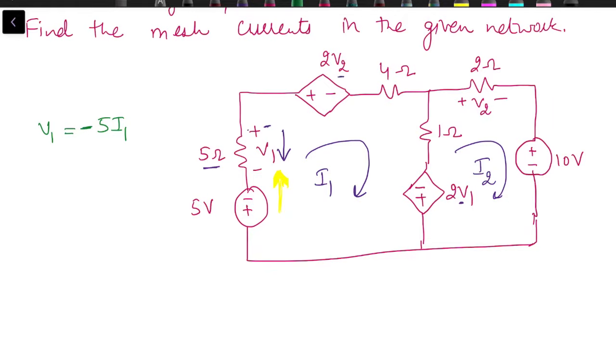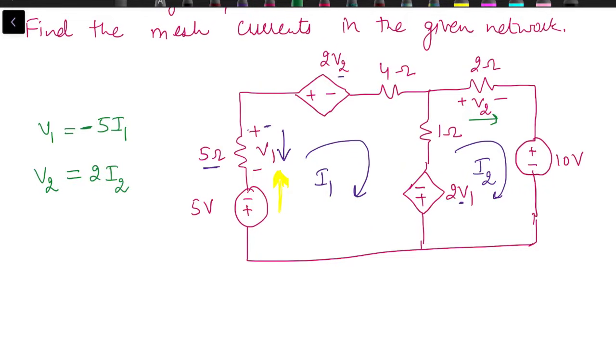Second is we need to write V2. V2 is voltage drop across 2 ohm resistance. As per the assigned polarity of V2, which is given to us in the problem, direction of current through 2 ohm resistance should be like this. I2 has same direction, so the value of V2 is 2 into I2.